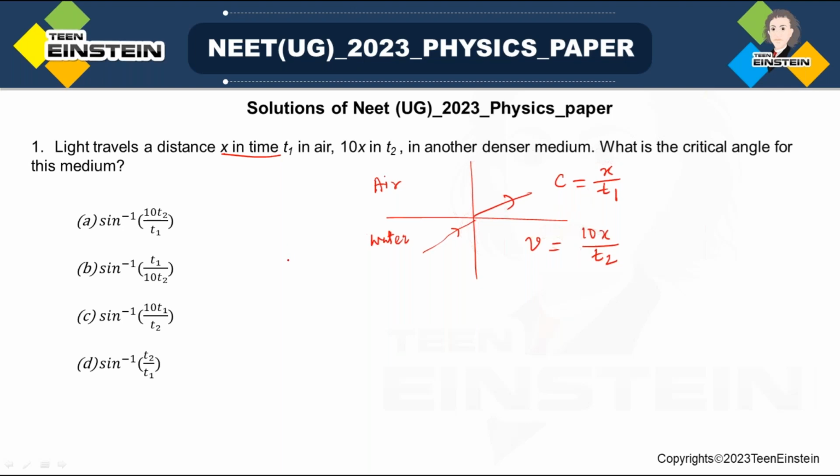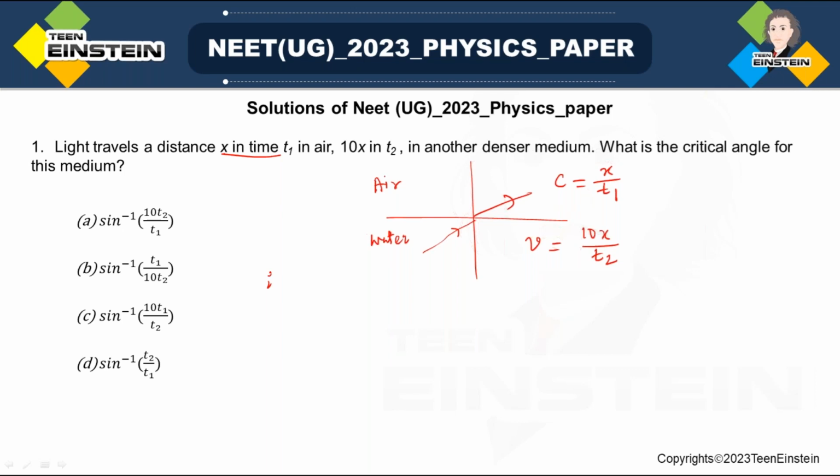Now see, if we want to write the relation for the critical angle, we have to find out the critical angle. So we know at the critical angle, the angle of refraction will be 90 degrees.